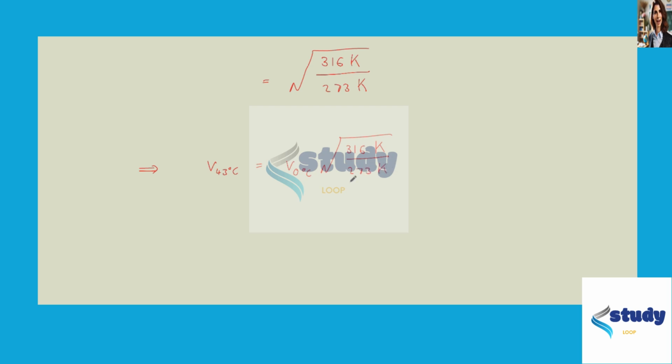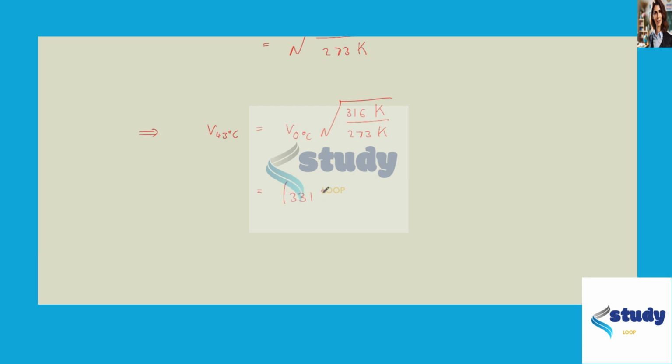Now we are given the speed of sound in air at 0 degrees Celsius to be 331 meters per second. So if we substitute this in, we can calculate the speed of sound when the air is 43 degrees Celsius. So that's 331 times the square root of 316 divided by 273.